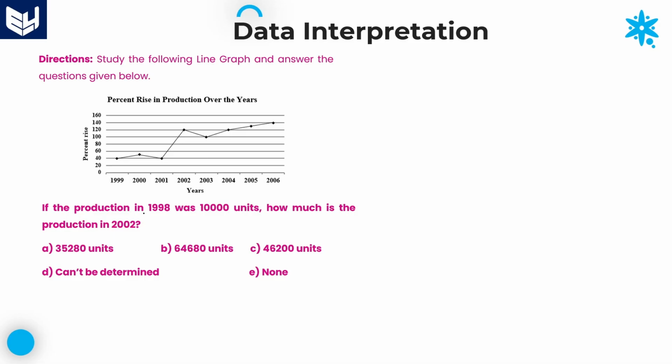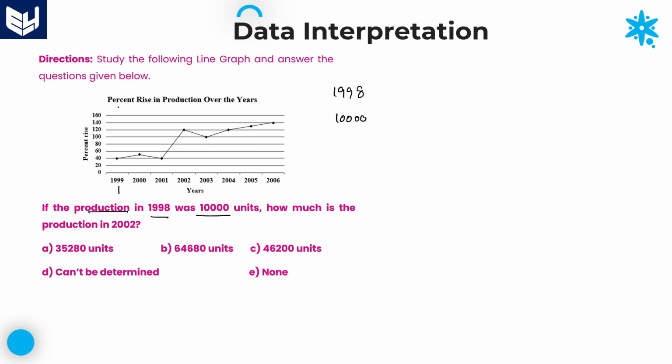Last question in this session. See here. If the production in 1998 was 10,000, here the year is starting with 1999, and he is saying that in 1998 the production value is given as 10,000.